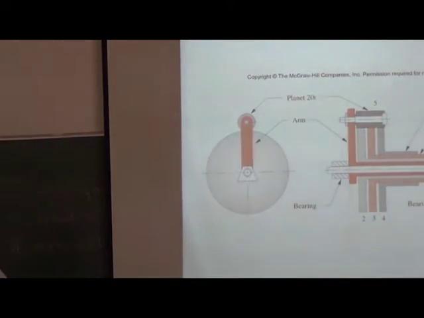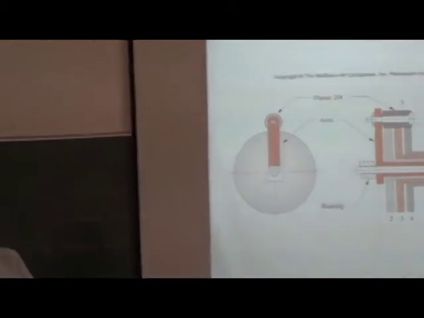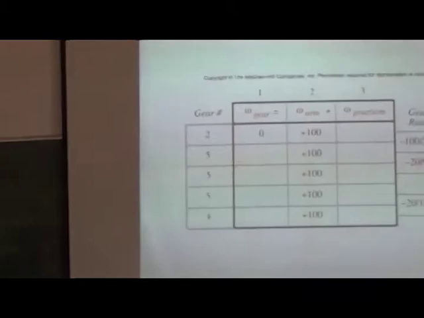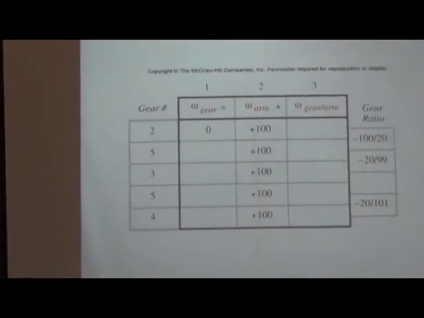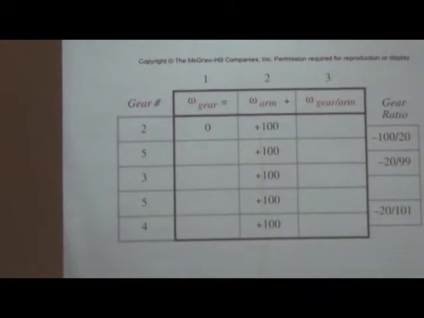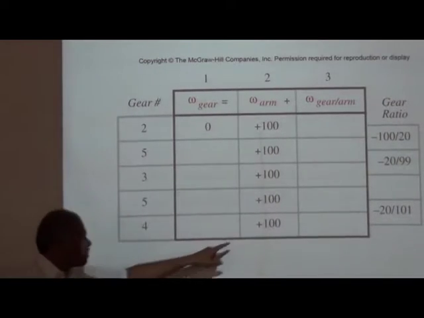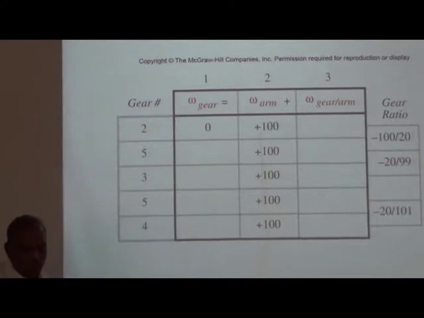What happens here, you can calculate, use the table and calculate for this arrangement. So you are giving an input to the arm as counterclockwise 100 RPM. Okay, and the second gear is fixed.